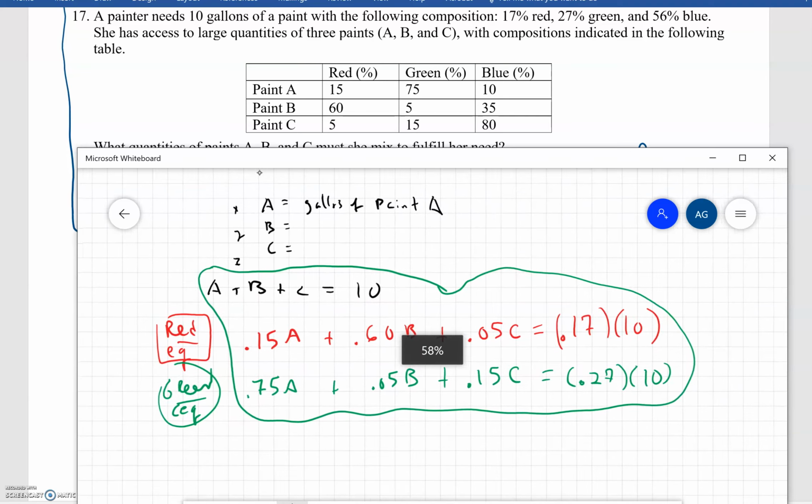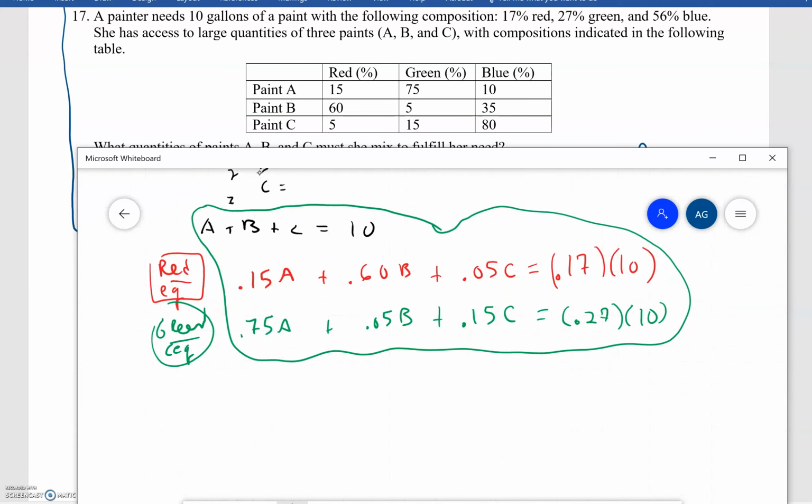So now let me write the matrix for this. I don't really need to bother with X, Y, and Z since I'm going to go straight to the matrix. This would be 1, 1, 1, 0.15, 0.6, 0.05, 0.75, 0.05, 0.15.